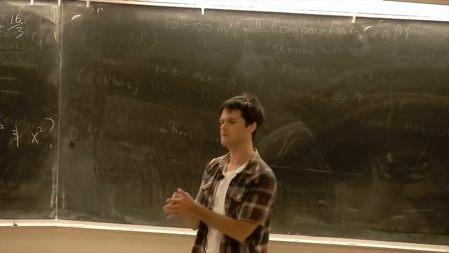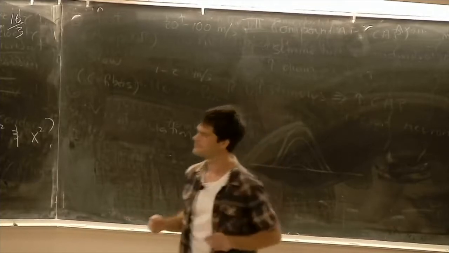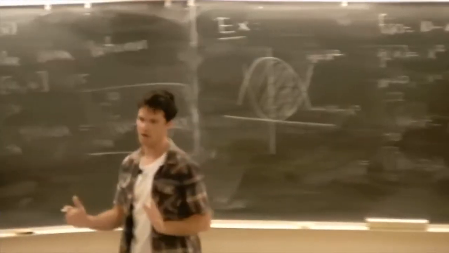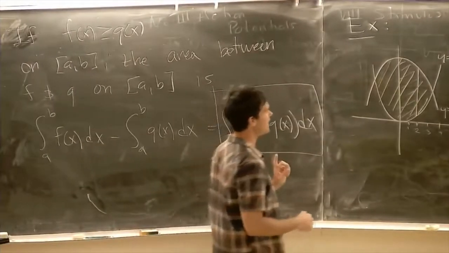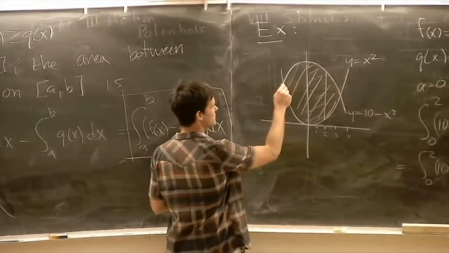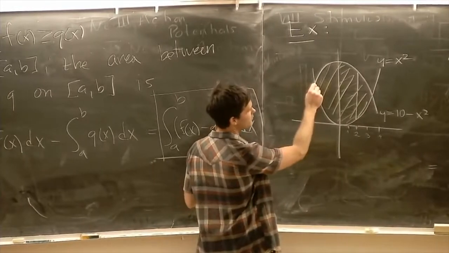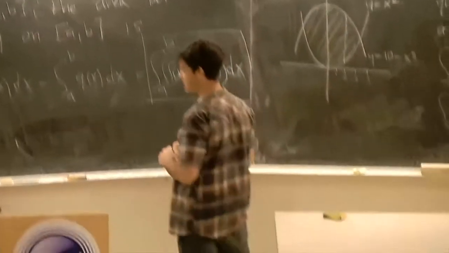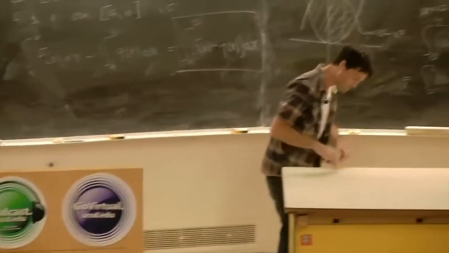Yes? Okay, that is exactly what we're going to have to do, because since I didn't give you what the two endpoints were, you can see that one endpoint is where the graphs intersect here. The other endpoint is where the graphs intersect on the right.